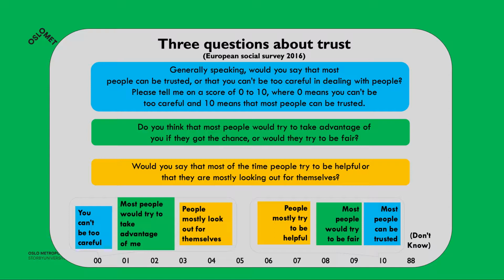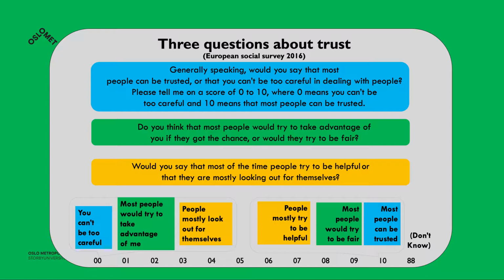And the second question being, do you think that most people would try to take advantage of you if they get the chance, or would they try to be fair? And the third question is, would you say that most of the time people try to be helpful, or that they are mostly looking out for themselves? And you answer on this 0 to 10 scale, where 0 is that you have no trust at all, and 10 means that you trust everyone.